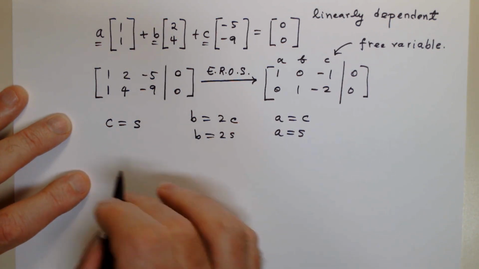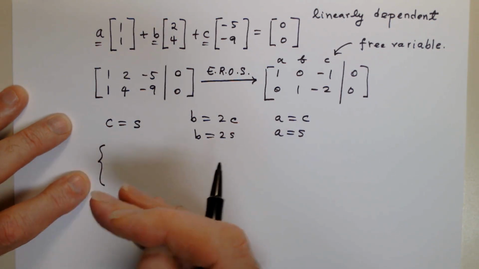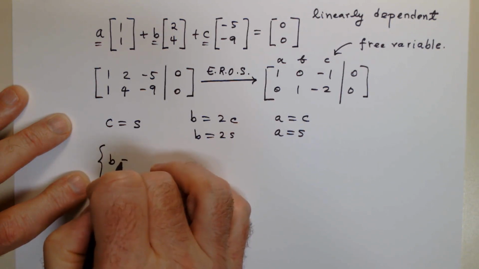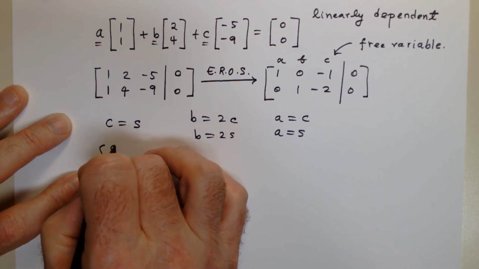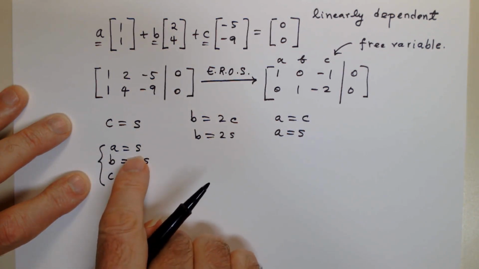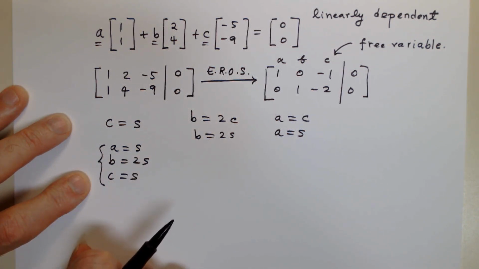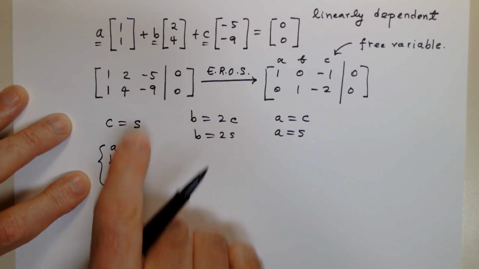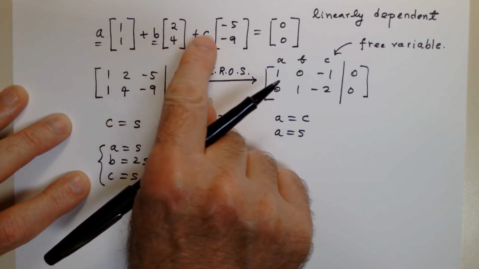So our solutions are all going to be of the form C is equal to S, B is equal to twice S, and A is equal to S. Obviously if we choose S equal to 0, that's going to give us the trivial solution where all of the coefficients are 0.